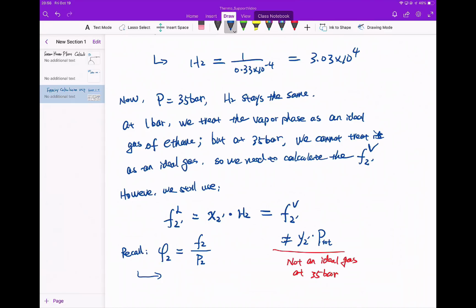So there we could have f2 in the vapor phase. Here for the vapor phase, we use the fugacity coefficient. Otherwise, we probably use activity or activity coefficient for the liquid phase. So f2 in the vapor would be phi2 times P2.